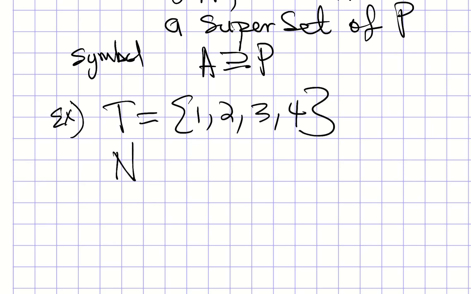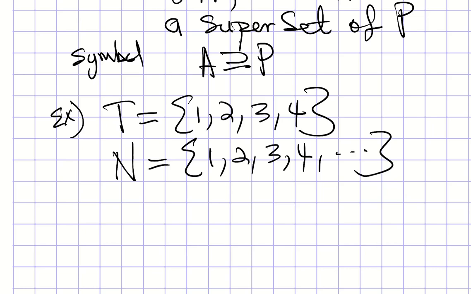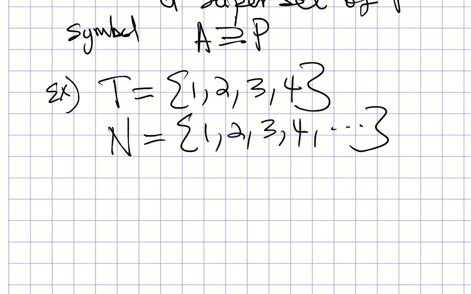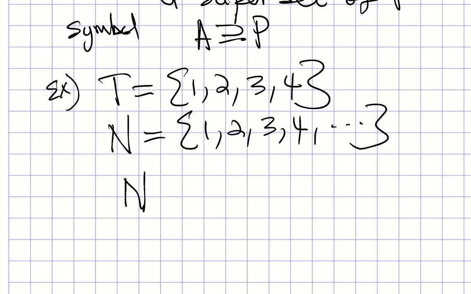And then N is the set of natural numbers, going from 1, 2, 3, 4 to infinity, right? Keep going. Then according to the definition of a superset, N is a superset of T. You write it like that, because N contains a lot more elements than T. That's all that is saying. Hopefully you're not too overwhelmed.